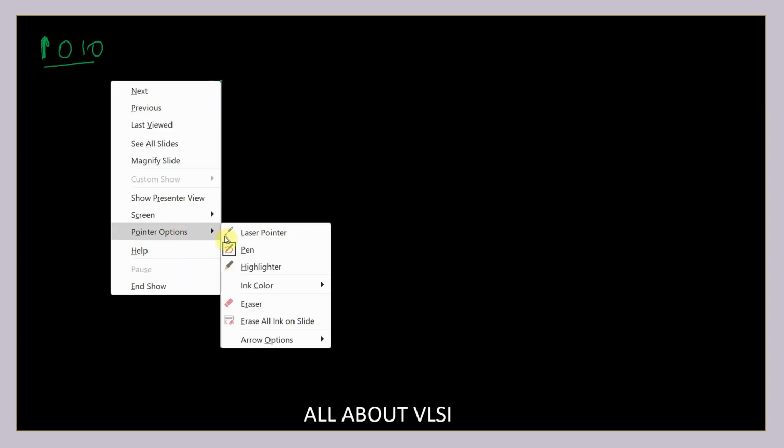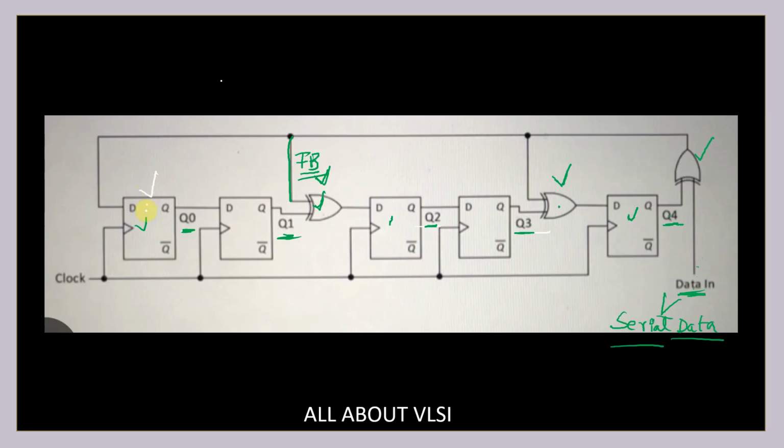And from the diagram also we can get the polynomial. For Q4 we are having the tap, so we are going to have 1, and for Q3 there is no tap, so it is 0, and Q2 we have the tap, it is 1, and Q1 is not having any tap, 0, and Q0 is having the tap, 1.